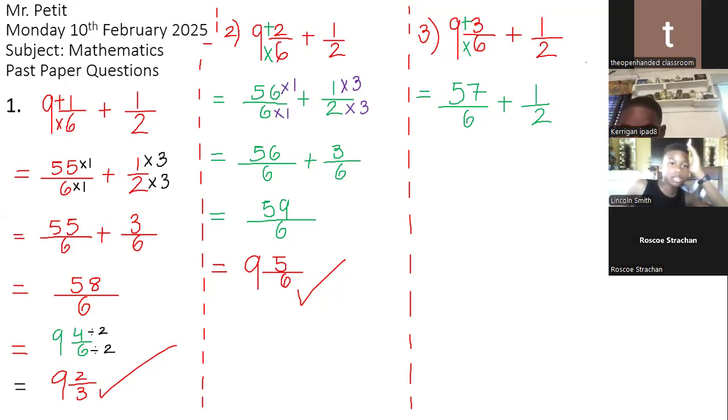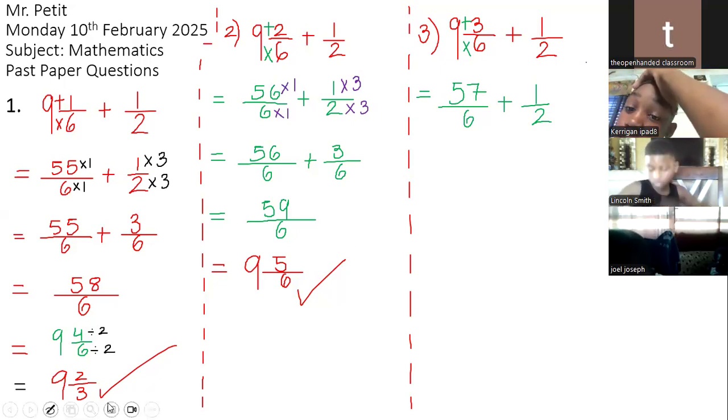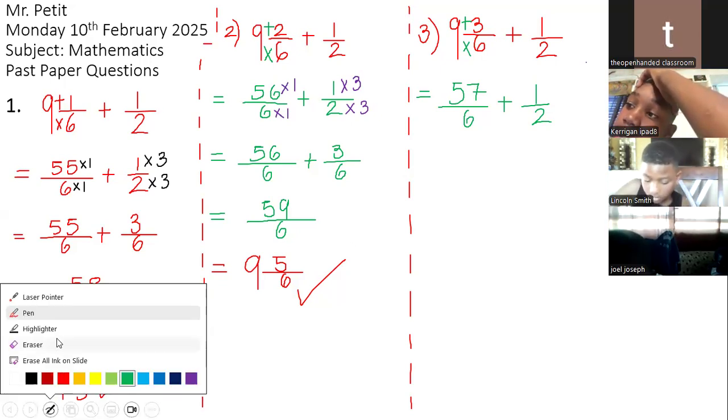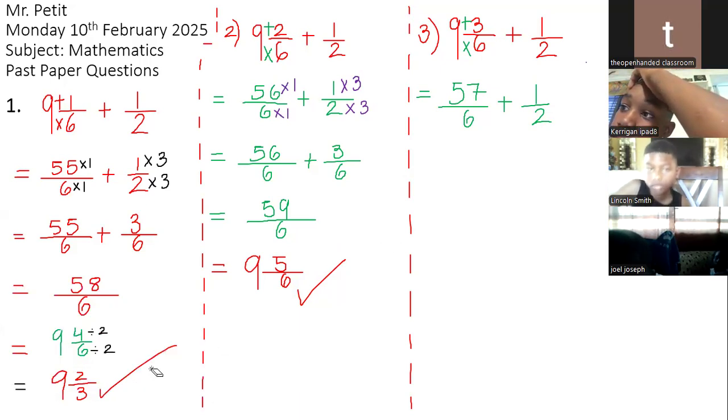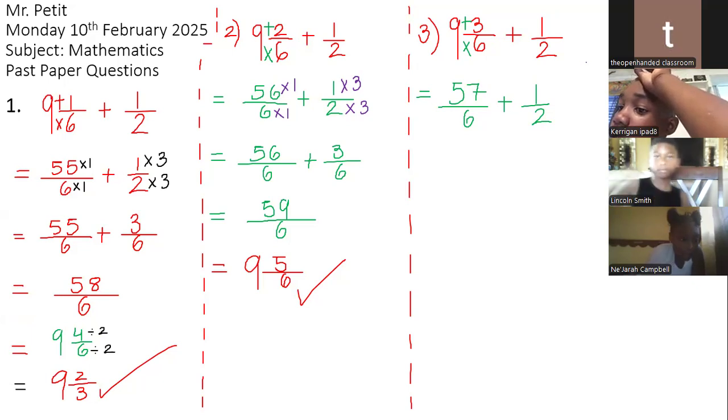2, 4, 6, 8, and the list goes on, right? And then the multiples of 6, not 4, the multiples of 6. 6, 12, 18, and the list goes on.